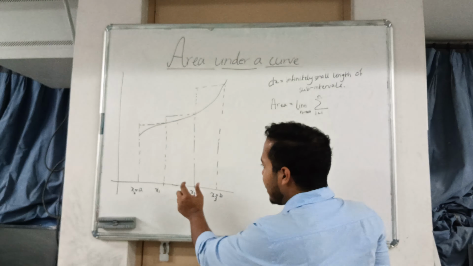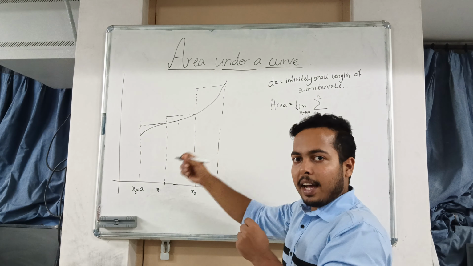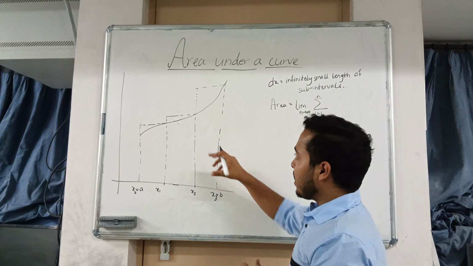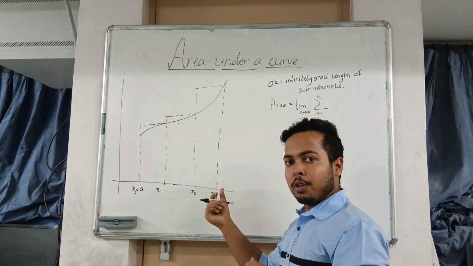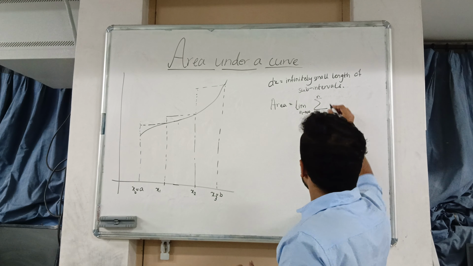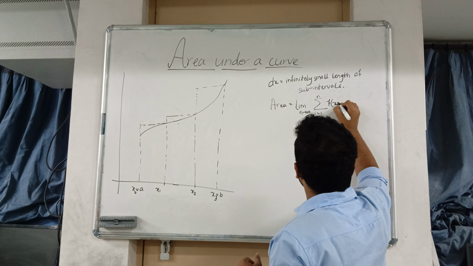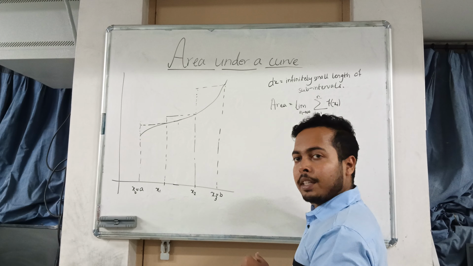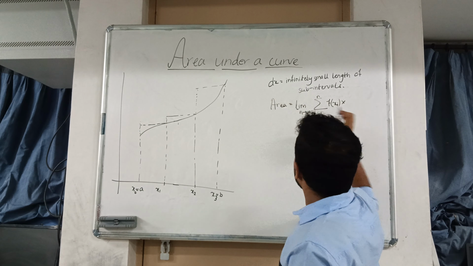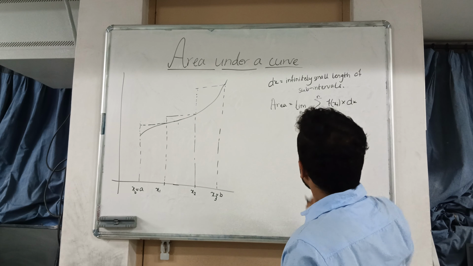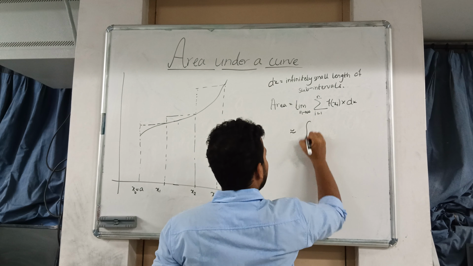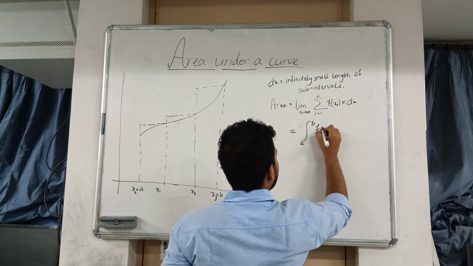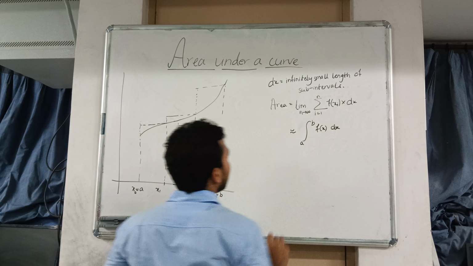Now observe, the area of any rectangle would be its height into its width, and the height of the rectangle is the functional value at the right endpoint of the subinterval. So that would be f(xi) into its width. The width we have taken is dx. Now this is equal to the integration from a to b of f(x) dx.